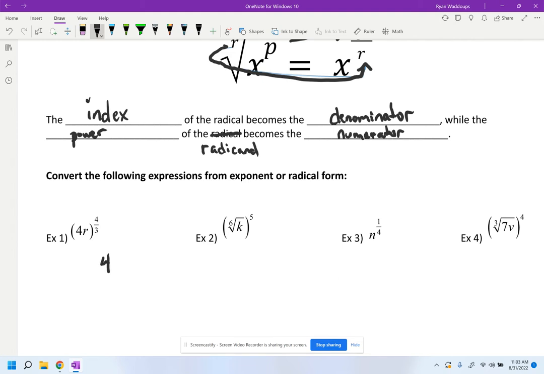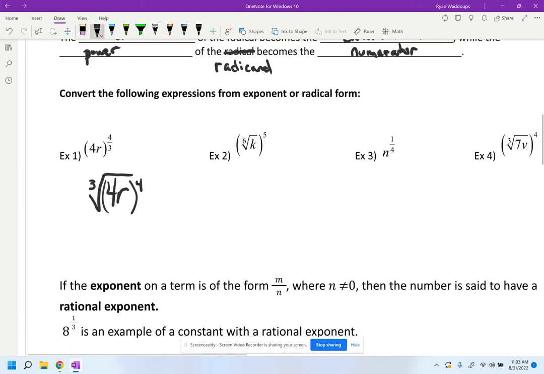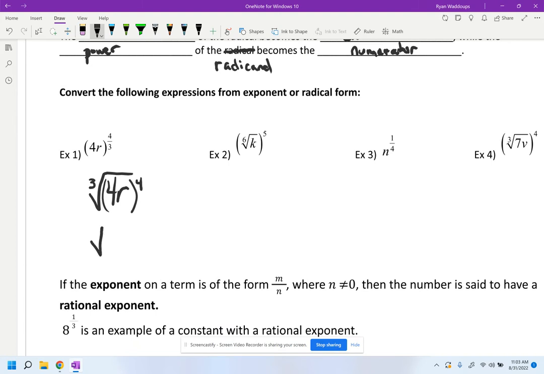So we put 4r as our radicand, and the index is the 3, and the 4 is the power. Now, this could also be written as the cube root of 4r, and then all of it is raised to the 4th power, and those are both equal to each other.